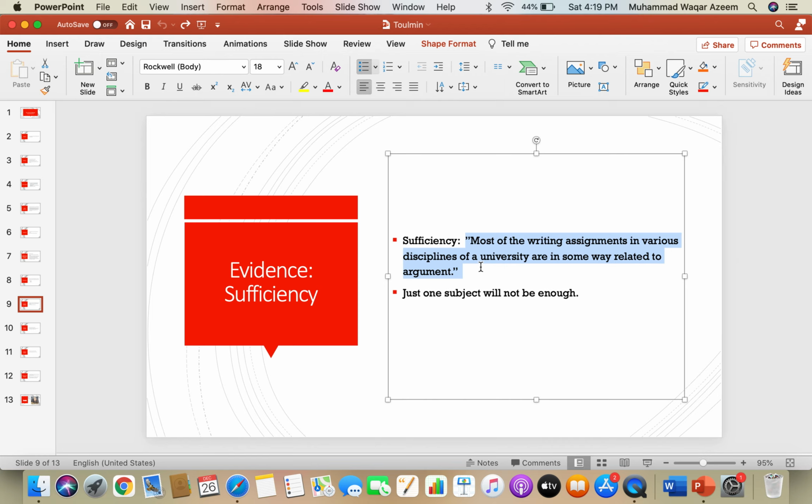Why? Because in that case, the evidence is depending only on one department of the university out of 30, 40 departments. So the evidence that the writer gives should be sufficient to support the reason.